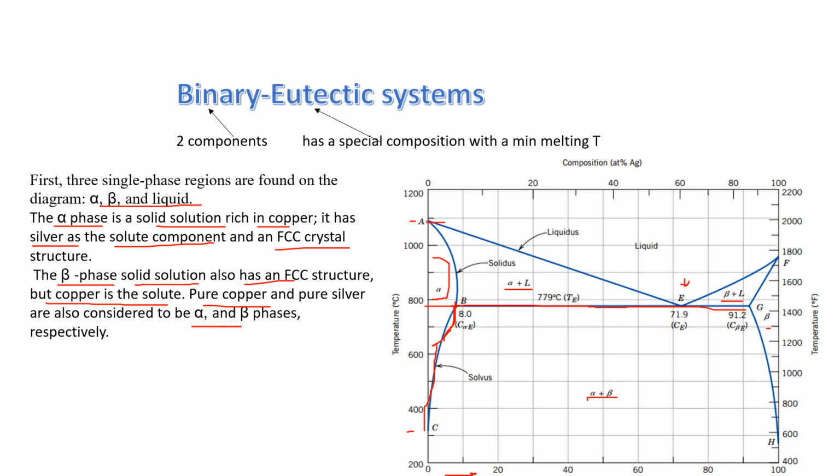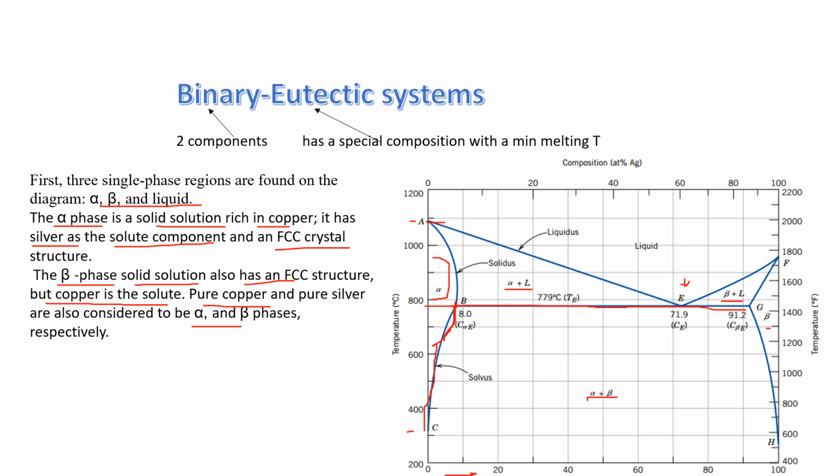The boundary line AB between the alpha and the alpha plus liquid fields and the solvus line is indicated by the line BC. The maximum solubility of copper in the beta phase, which is point G, has 8.8% copper, and also occurs at 779 degrees centigrade.